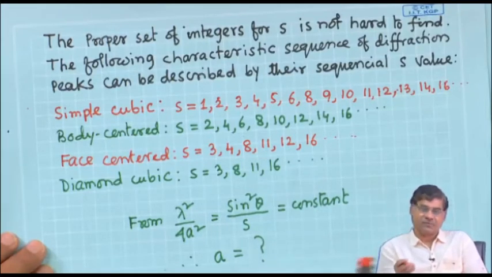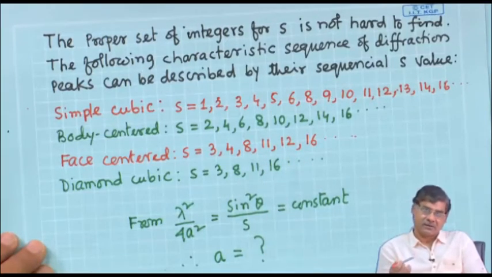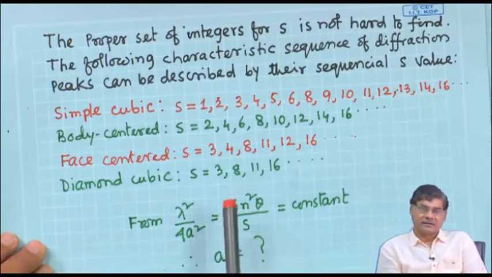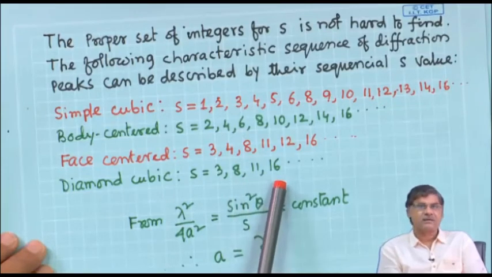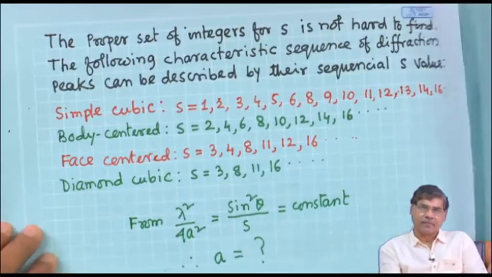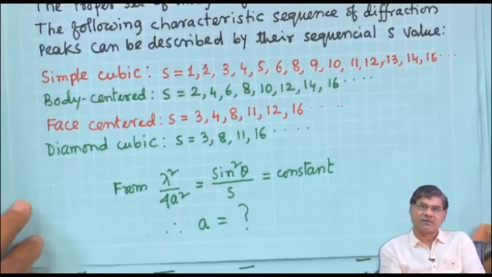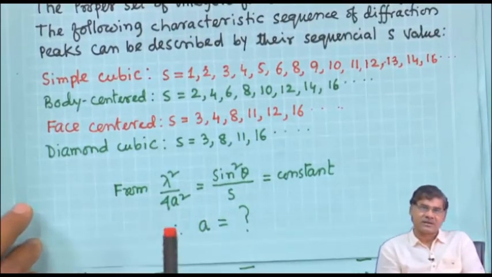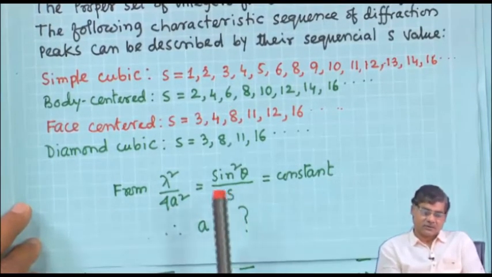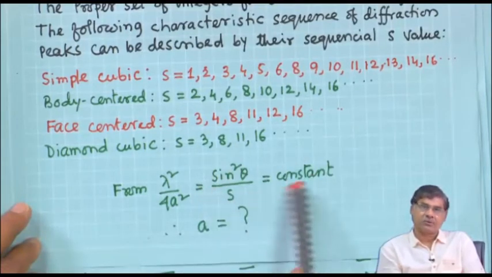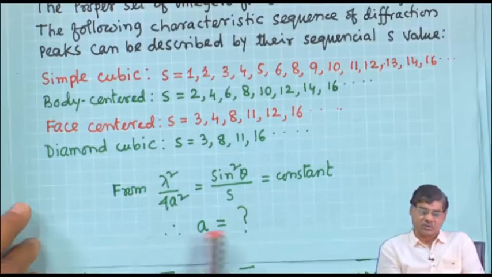If it is 3, 4, 8, 11, 12, then it is face centered, and if it is 3, 8, 11, 16, then it is diamond cubic. So, this is the analysis of the XRD pattern you have observed. Now, sin square theta by S is the same for all peaks. You know that value, and you know the lambda value, so you can calculate the A value for simple cubic.